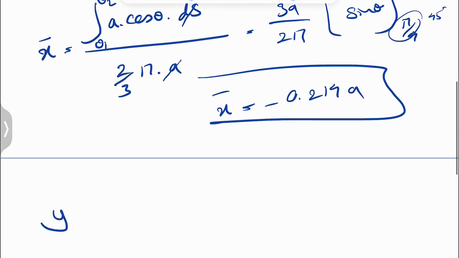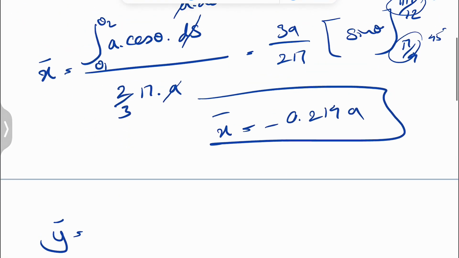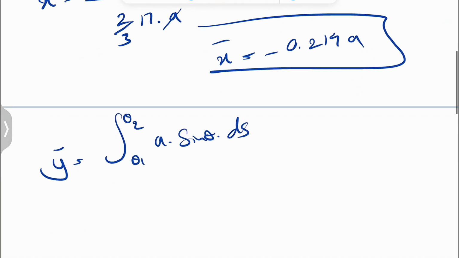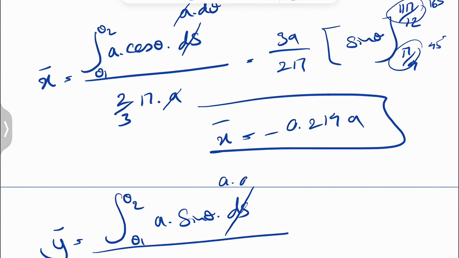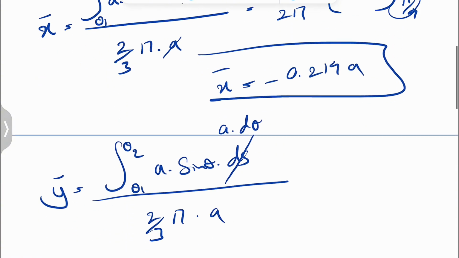And now we're going to do similar for our y bar, this time from theta 1 to theta 2, a sine of theta, and our ds, and we're going to have the same length, 2/3 of pi times a. Again, ds is a d theta.